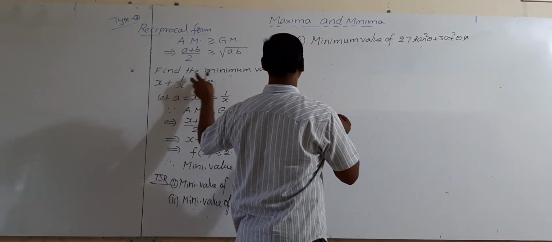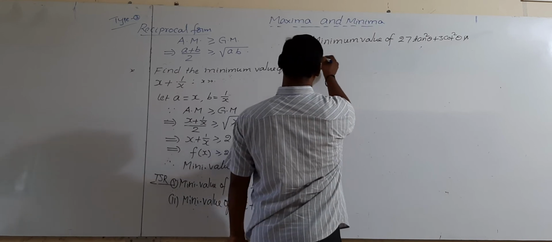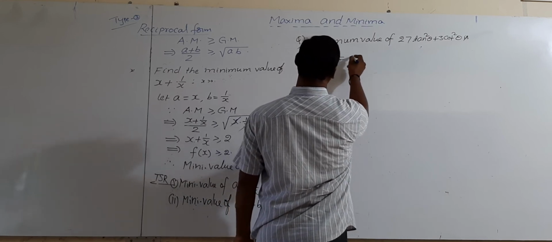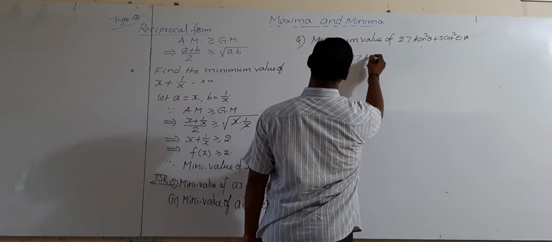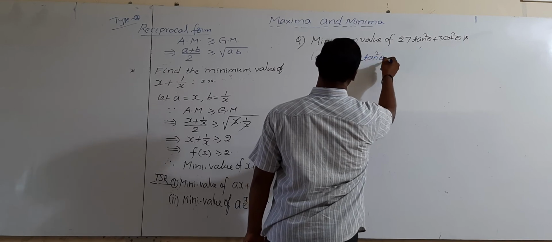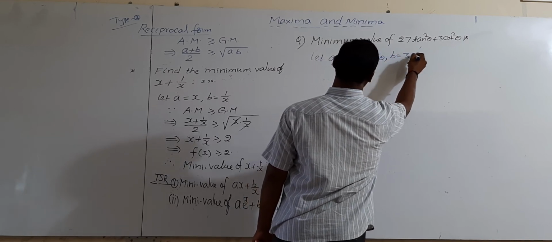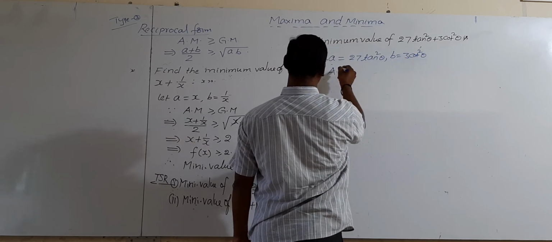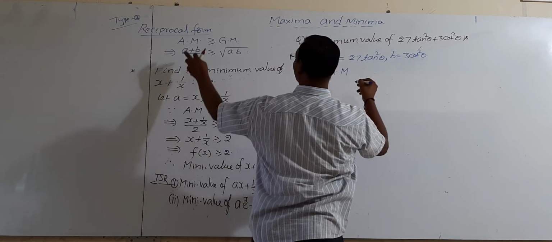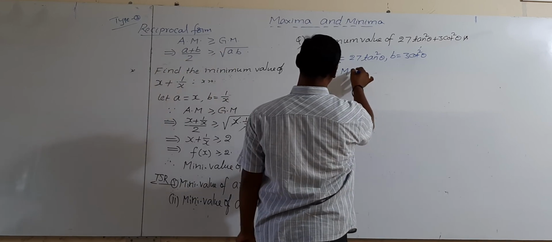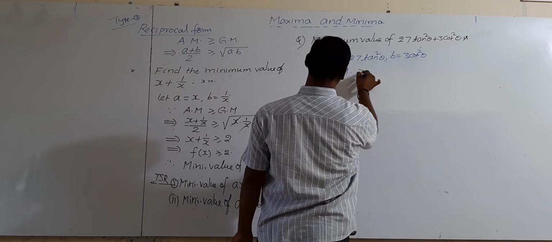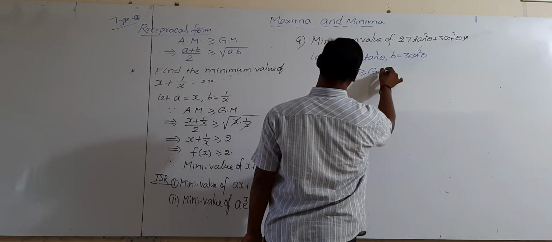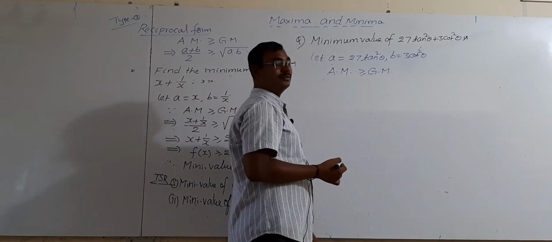So using this method, let us take a equal to 27 tan square theta, b equal to 3 cot square theta. Here, to determine the minimum value, we have to use arithmetic mean is greater than or equal to geometric mean.